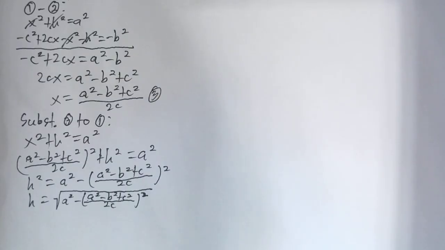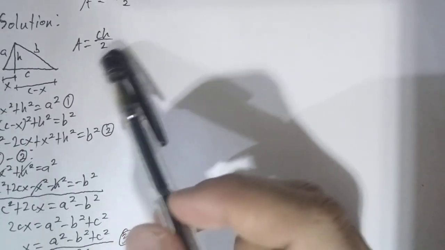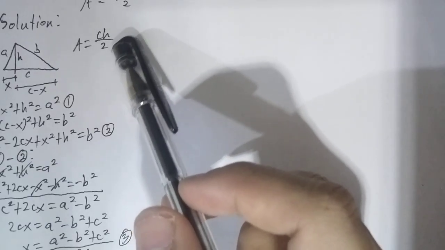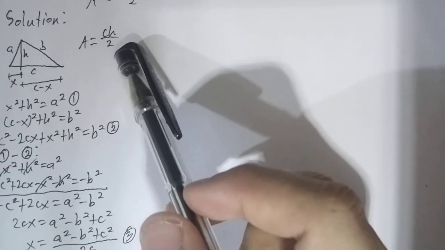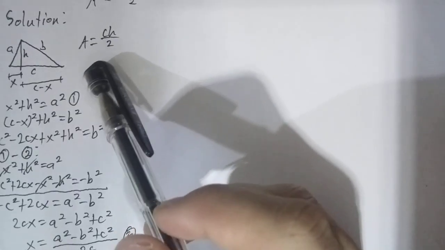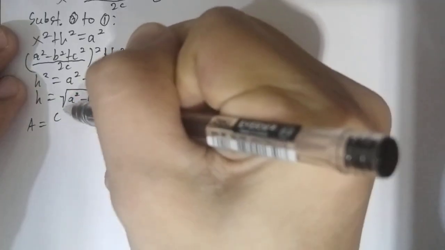And then, by this, we can now substitute the derived formula for h into the area of our triangle, in which we could eliminate the variable h in our formula for the area of this triangle, right? So we would find that the area of this triangle is equal to ch over 2.